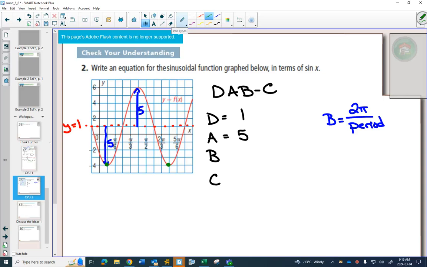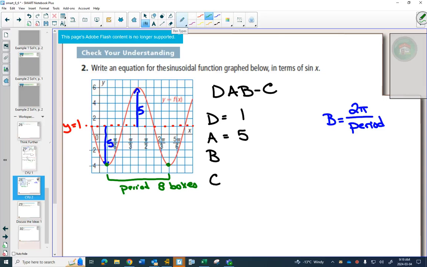And if I count, my period is 1, 2, 3, 4, 5, 6, 7, 8 boxes. Now you will not be able to write an equation which has 2 pi over 8 boxes in your equation. But this is going to help us figure out what it is.